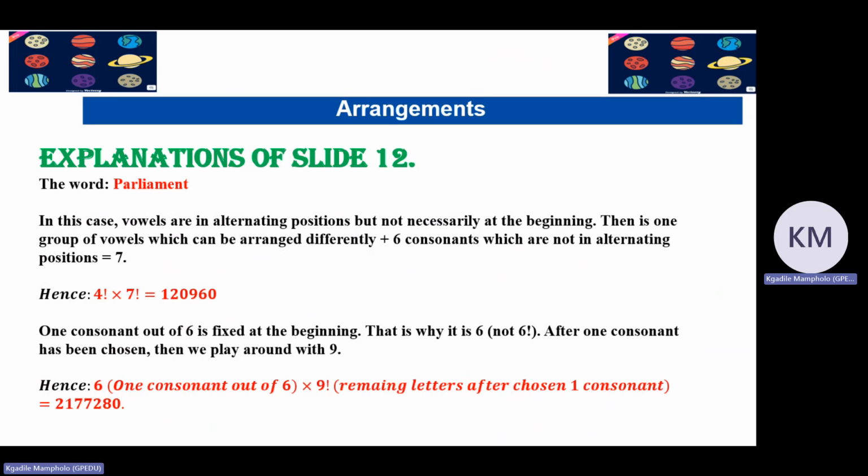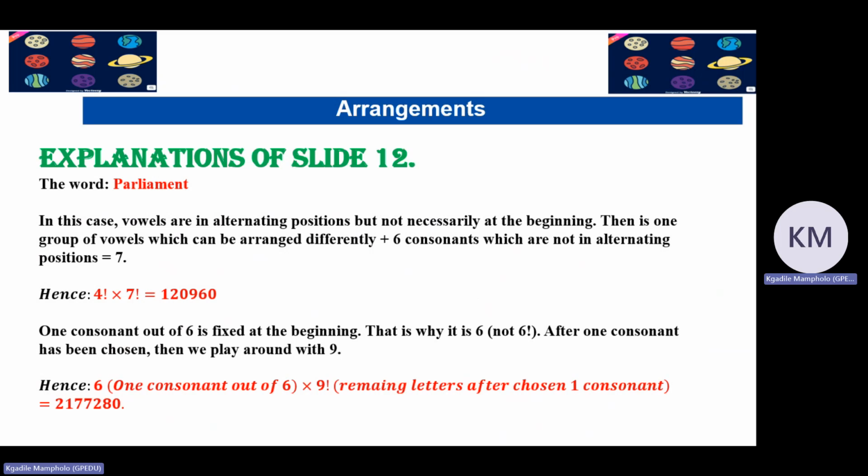Then we say the group of vowels can be arranged differently, plus the 6 consonants which are not in alternating positions, hence we have 7. So it means the 6 consonants which are not grouped and the group of vowels. Then you play around with 7 things here, which are the 6 consonants and the group of vowels.